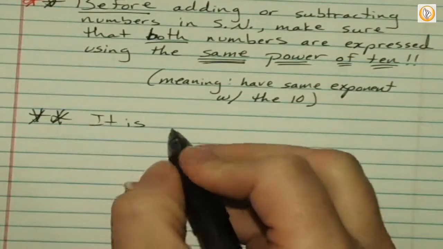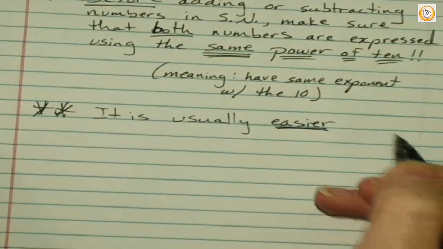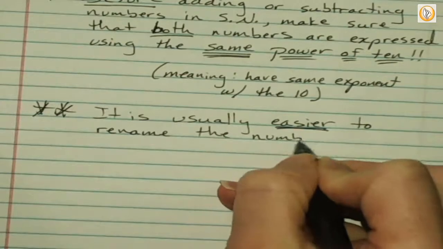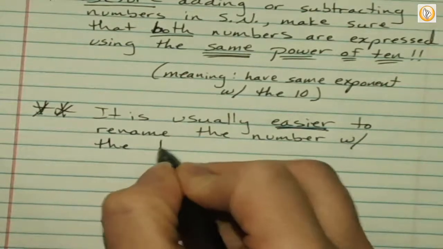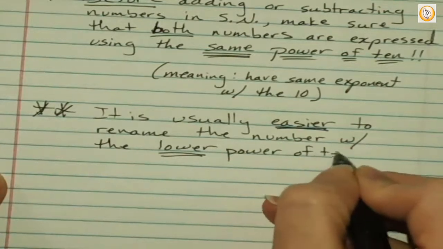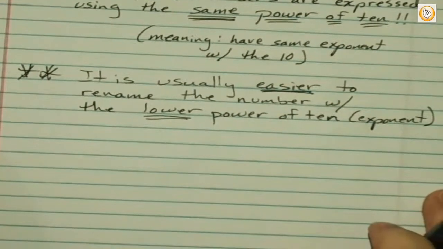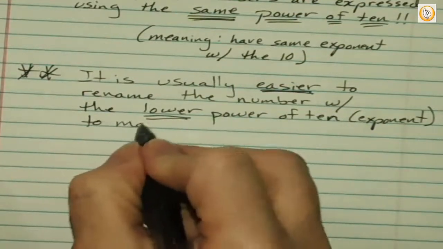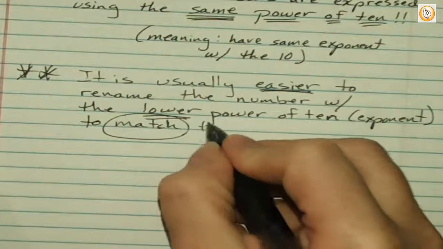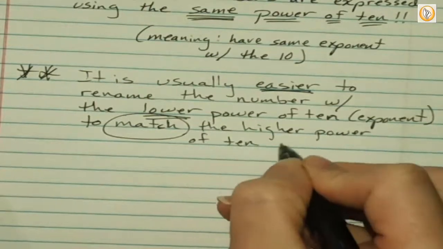It is usually easier, underline that word, easier, to rename the number with the lower power of 10 or exponent to match, and I've circled match, the higher power of 10 or exponent.